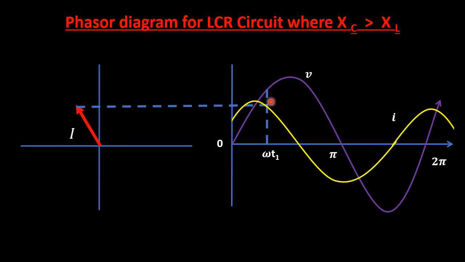In order to draw the phasor V, we drop a horizontal line from this point and we draw phasor V. The angle between the phasor V and this line is omega t1, and the angle between the phasor I and V is phi. So this phi, if we draw in this curve, will be the difference between these two points, which is the phase angle phi.